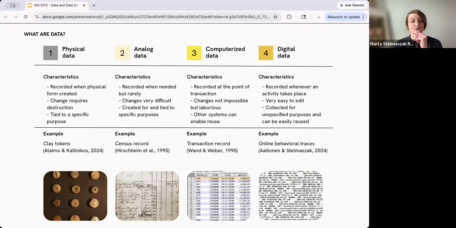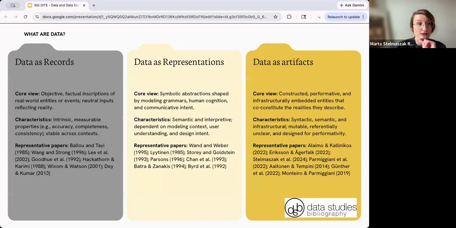And now I would like to move on from this historical perspective to give you a glimpse on to some of the findings that we have looking at all the papers we collected in our data studies bibliography.